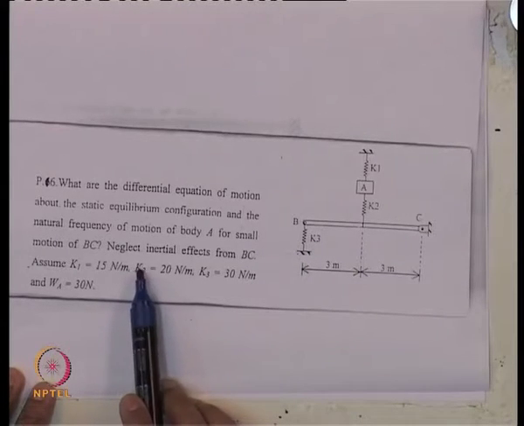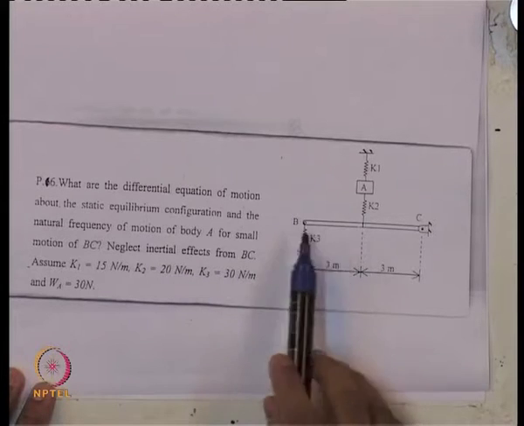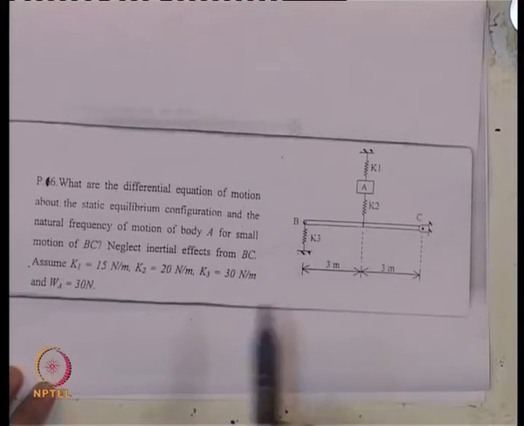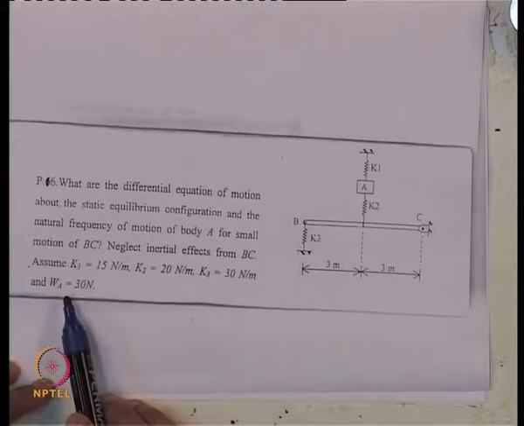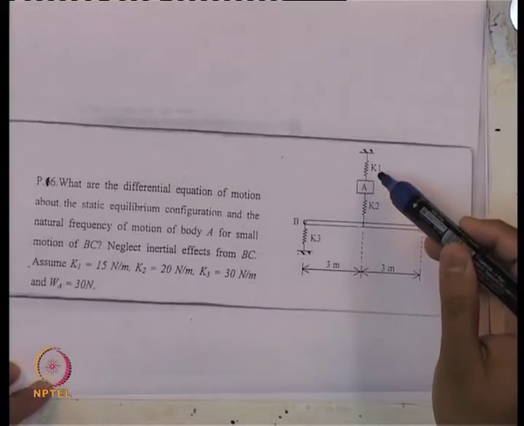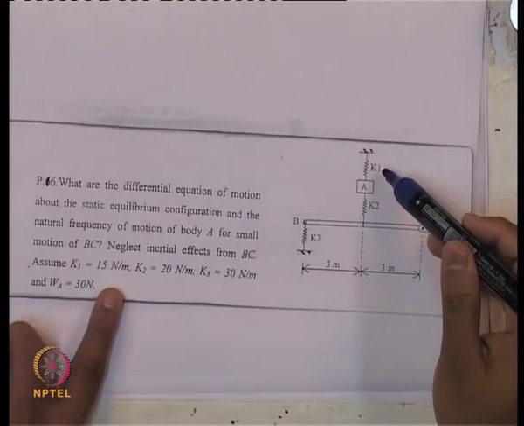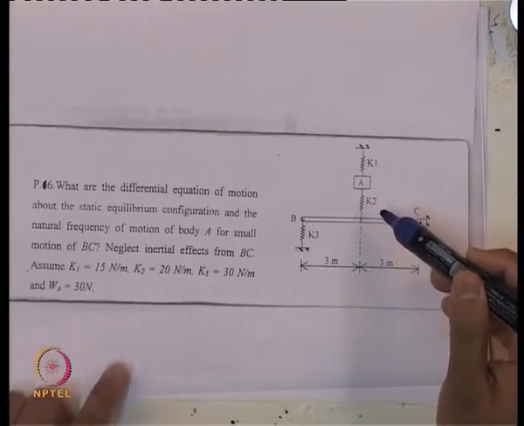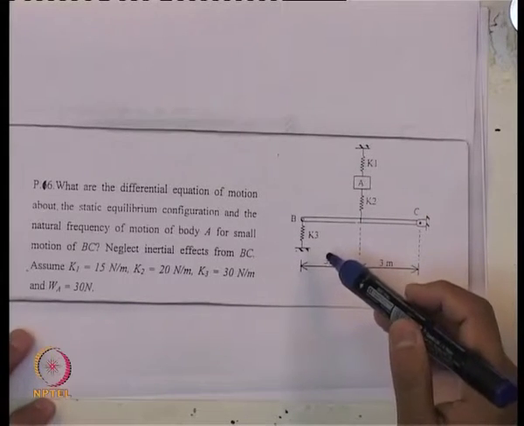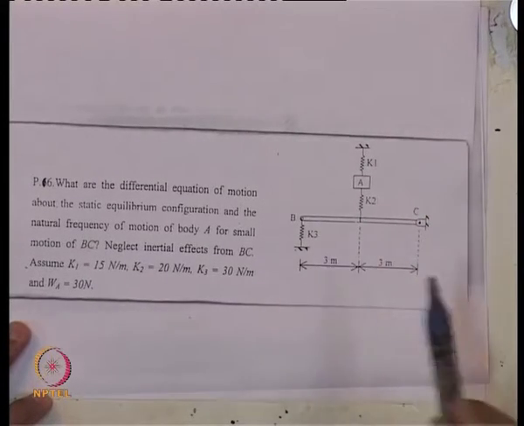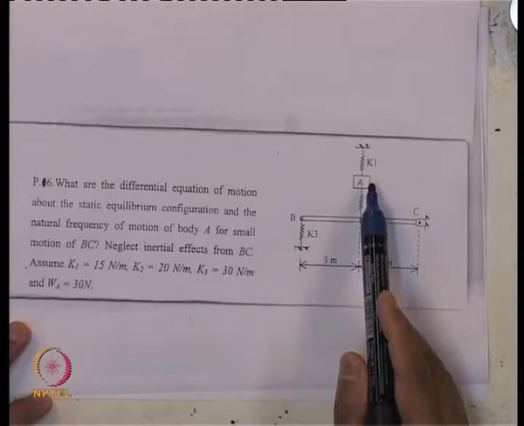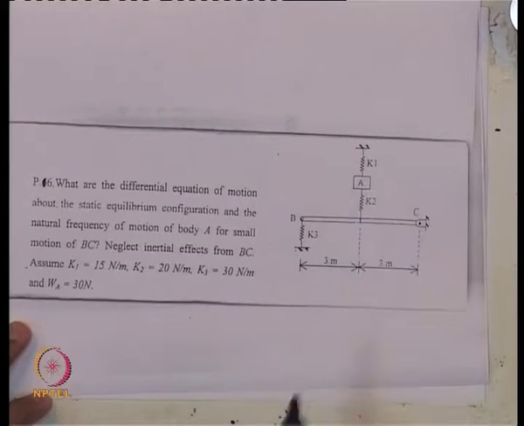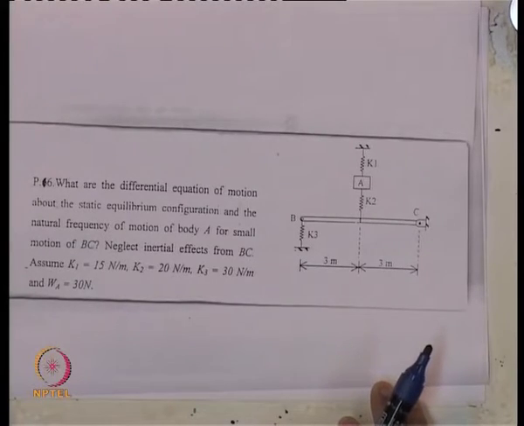Neglect the inertial effects from BC, so it is assumed to be massless. Consider the values of the spring constants K1 as 15 Newton per meter, K2 as 20 Newton per meter and K3 as 30 Newton per meter, and the weight of this body or point mass is 30 Newton. So, that is the problem statement.